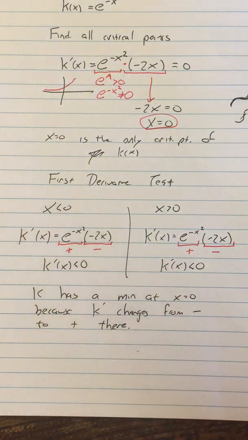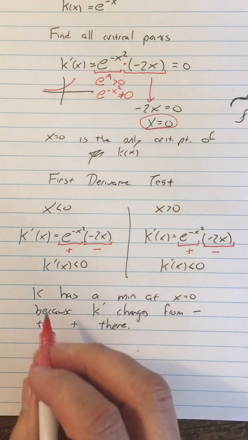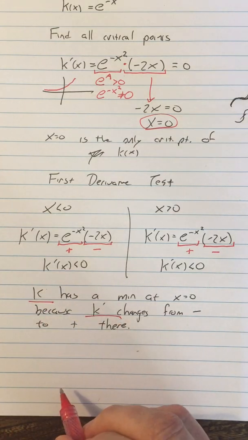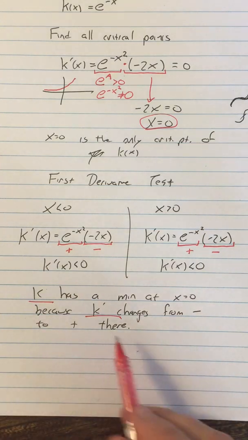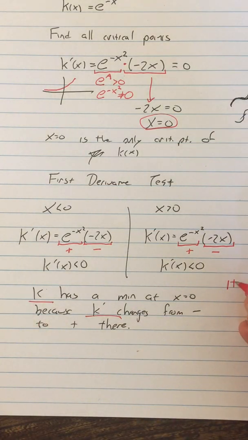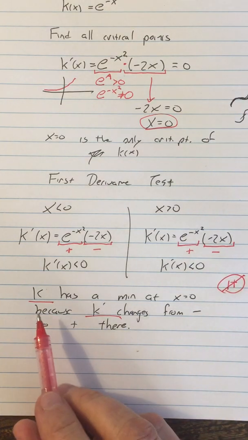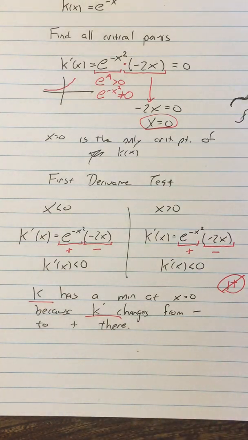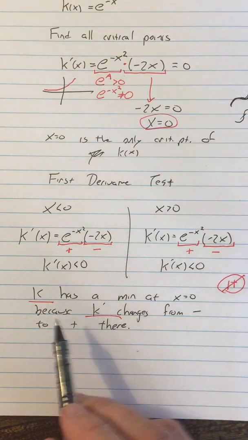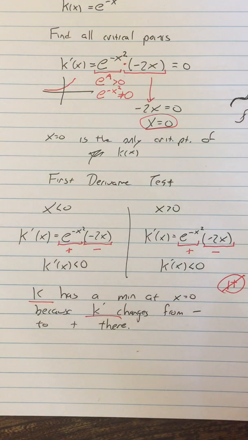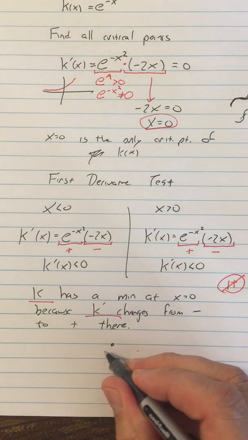You can't just say it has a max because it changes; k has a max because k prime changes from positive to negative there. We also know that that is the only critical point that k has.